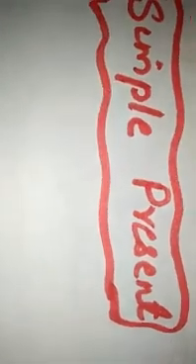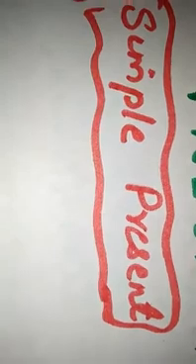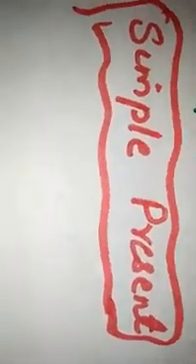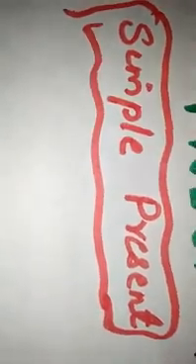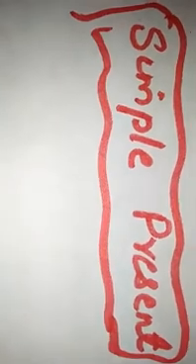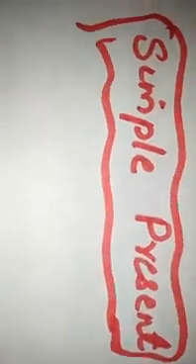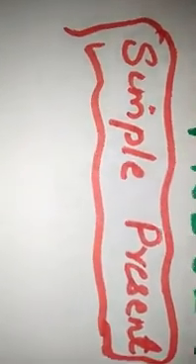Let's see in detail one by one. First one, simple present. What are the uses of simple present? It is used to talk about repeated actions or habits or regular actions and also the universal truth. Let's see the uses in detail.